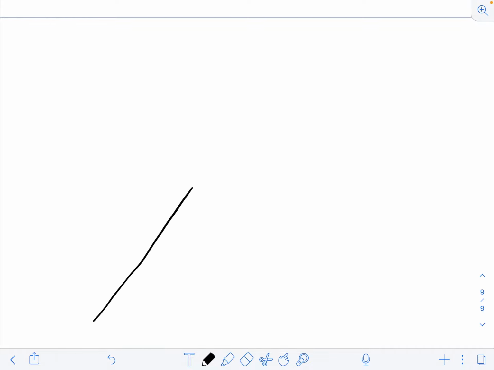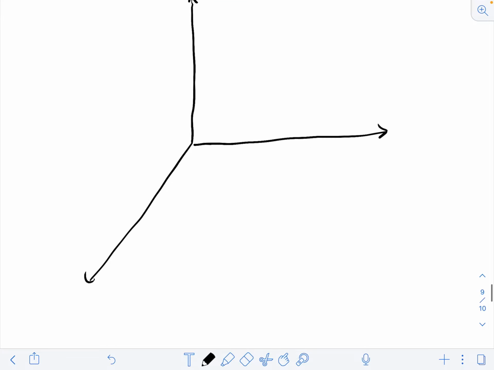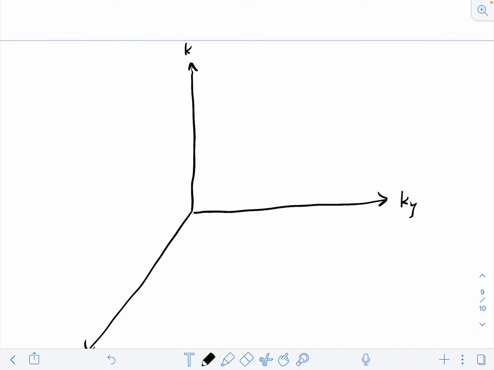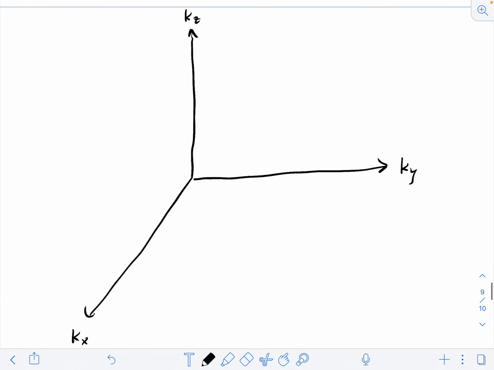Okay, so let's think about this picture. So I'm going to try to draw something that I'm going to call K-space. And so we're going to have 3 axes. There's the Kx axis, the Ky axis, and the Kz axis. And what we're allowed to do is let's label quantum states.